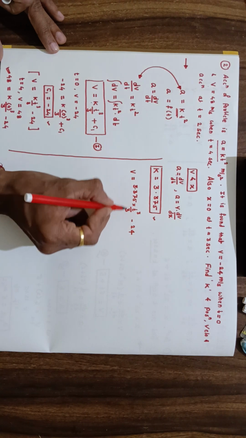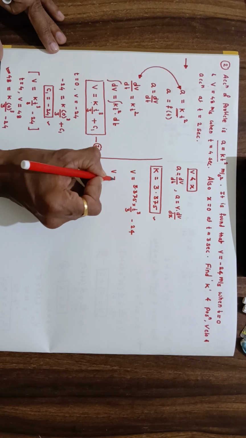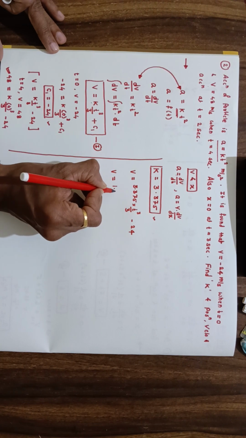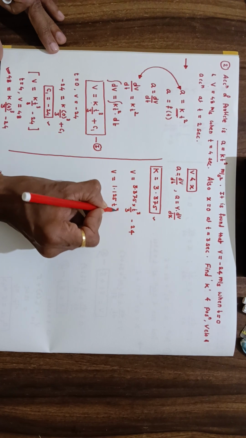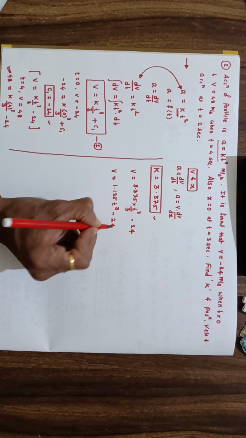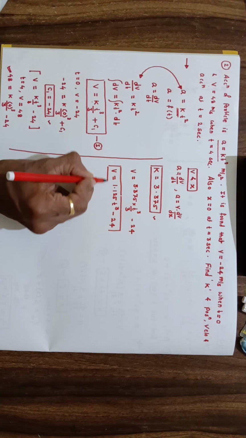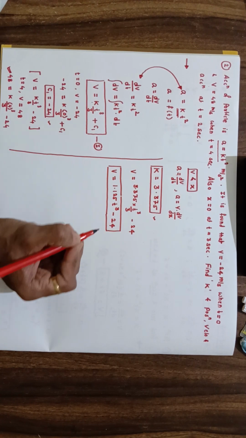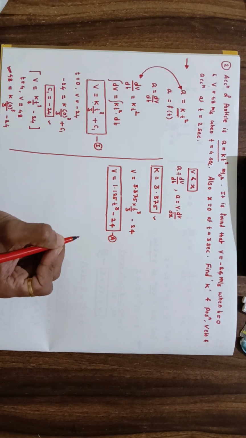Okay, and if you simplify this, so 3.375 divided by 3, so v equal to 1.125 t cube minus 24. Okay, so this is the final equation of the velocity. You can consider this equation as equation A.